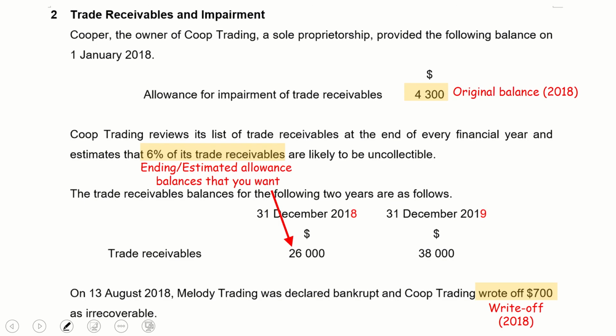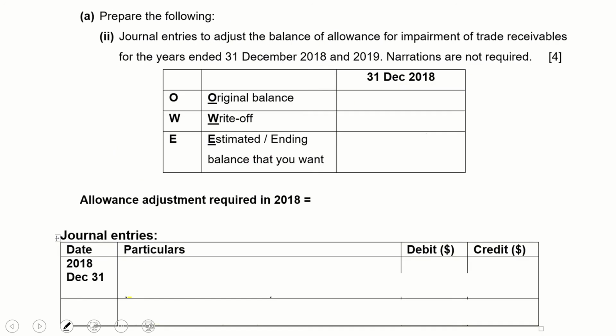Now, previously I mentioned to you that we look at original balance, write-off, and ending balance, OWE, to calculate the adjustment that we want. So in the next question, they ask you to write journal entries to adjust the balance of allowance for impairment of trade receivable for the 2 years, 2018 and 2019. 2018, I will do this first.